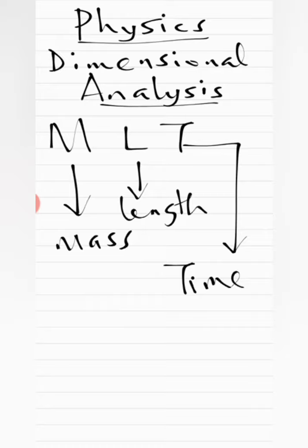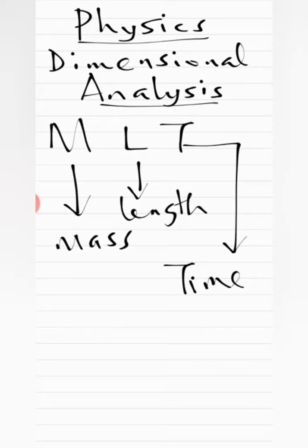Usually, dimensional analysis considers basic quantities, otherwise called fundamental quantities, as well as the derived quantities. When we talk of basic quantities, they are quantities that are naturally occurring, and they are grouped into 7.